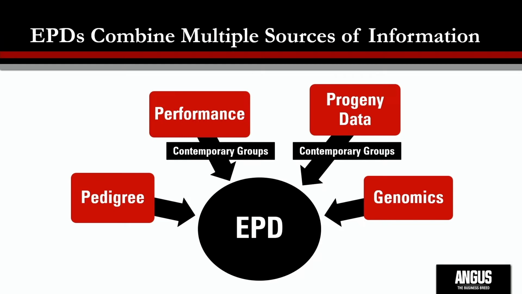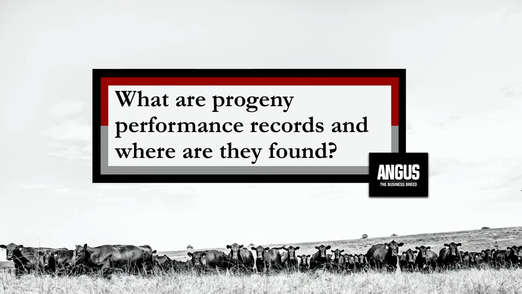It also includes performance information from that individual animal, as well as progeny data once that animal has progeny. So today we're going to focus in on one component of EPDs, and that's that progeny data piece. But keep in mind that as you're making selection decisions, the power of the EPD comes from the combination of all of these components, and not just focusing in on one piece of it.